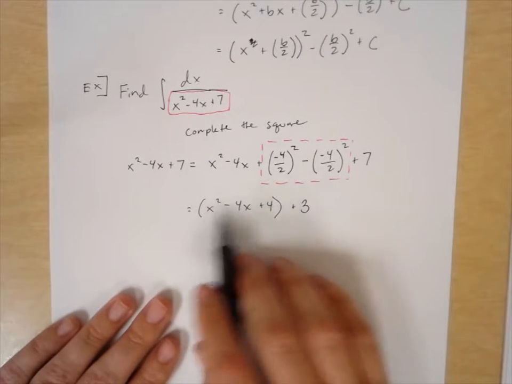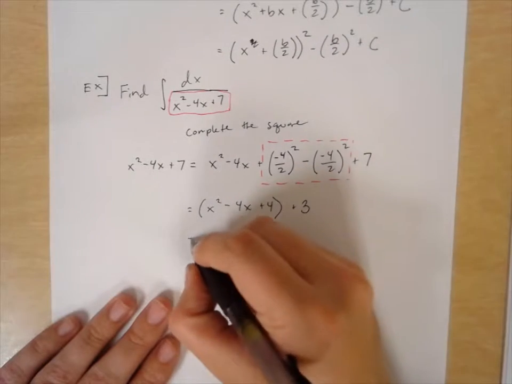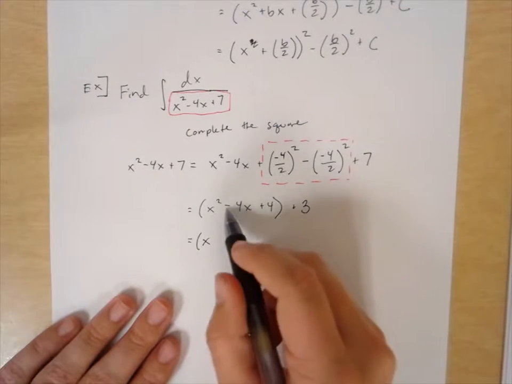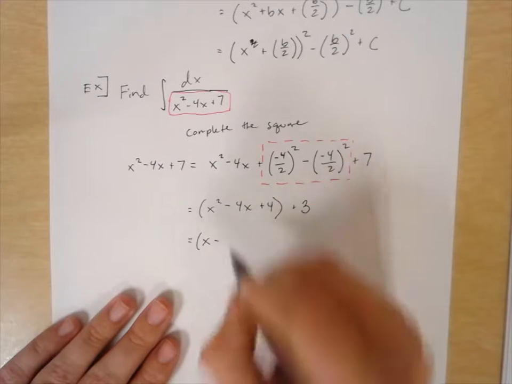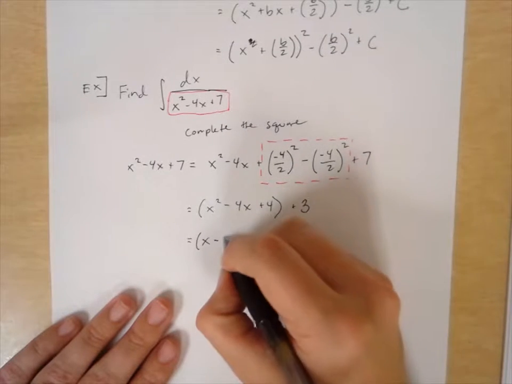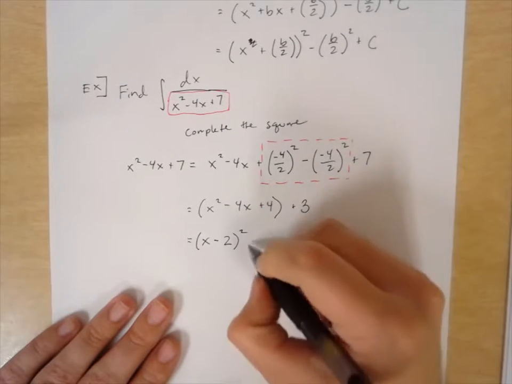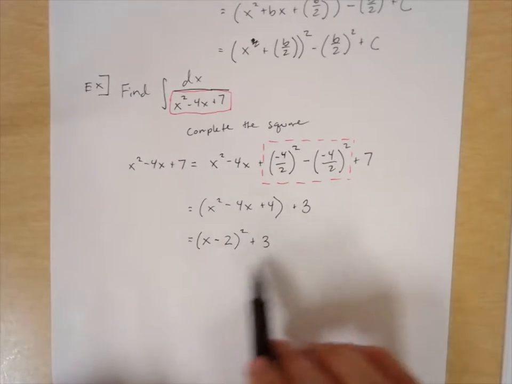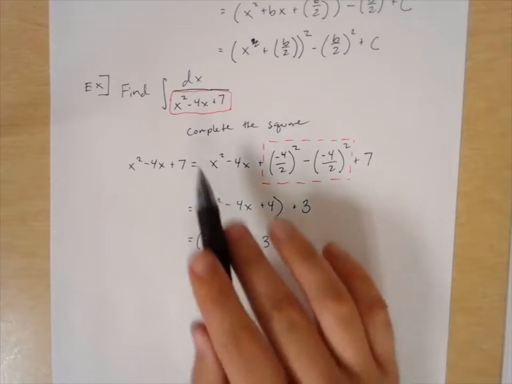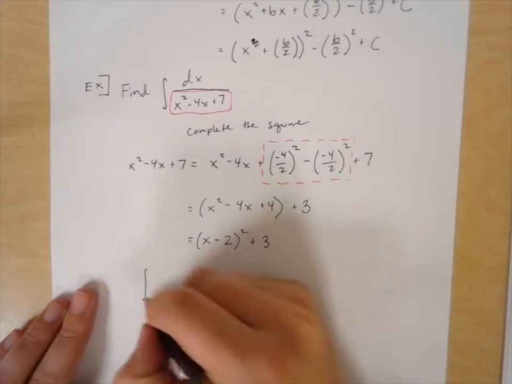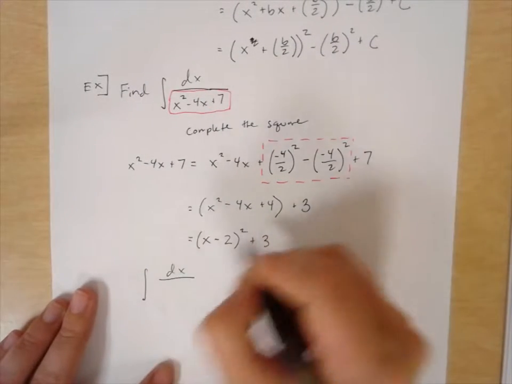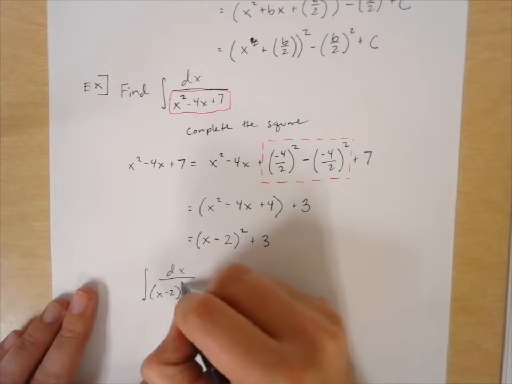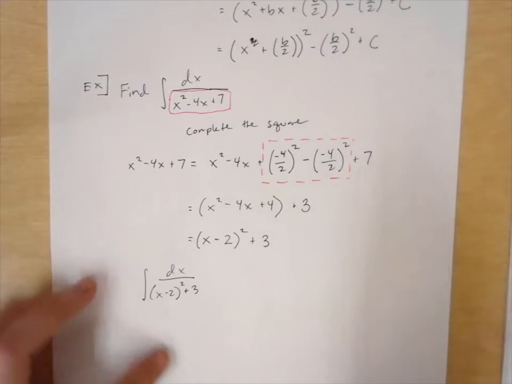This, again, is a perfect square trinomial, which can be factored as an x, and then I use this sign right here, minus the square root of the last thing, a 2 squared, and then I have plus 3. So what I can do now is substitute in this equivalent expression to the denominator of my integral. dx over x minus 2 squared plus 3.